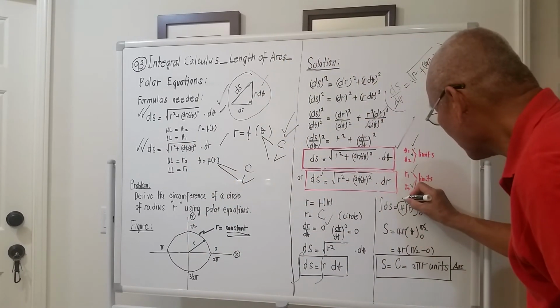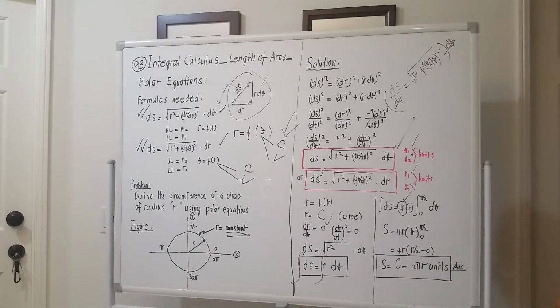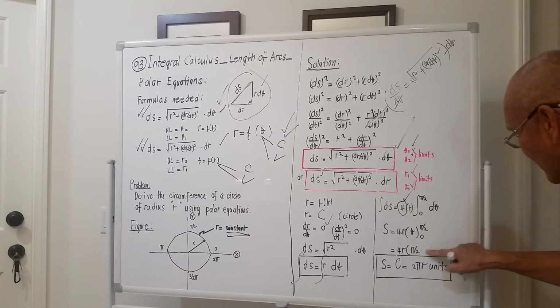So that's the significance of this times 4 over here. So S now will be equal to 4r. The integral of differential theta is just theta with the limit from 0 to pi over 2. 4r, quantity pi over 2 minus 0, but this is 0.